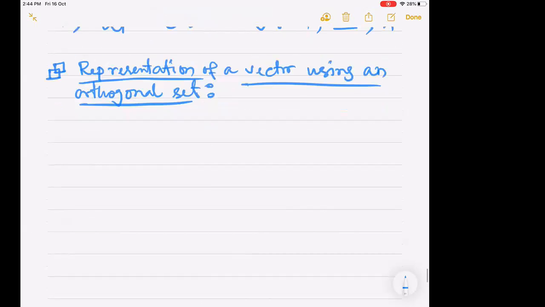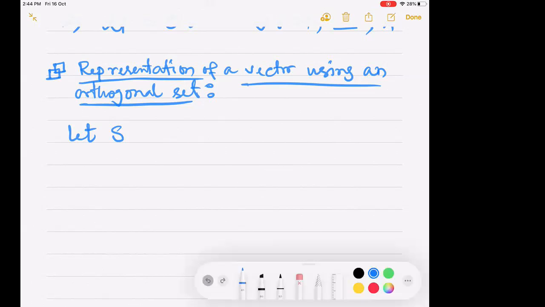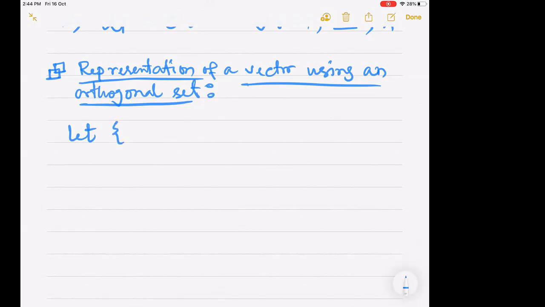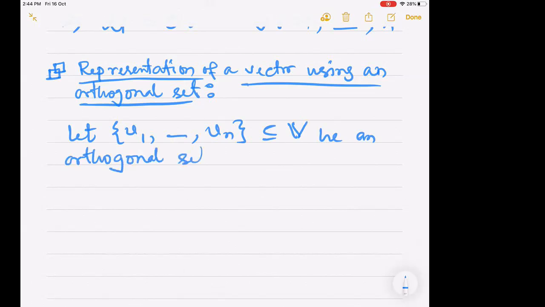So now, suppose, let us consider this. Let V1 dot dot dot up to Vn be an orthogonal set.